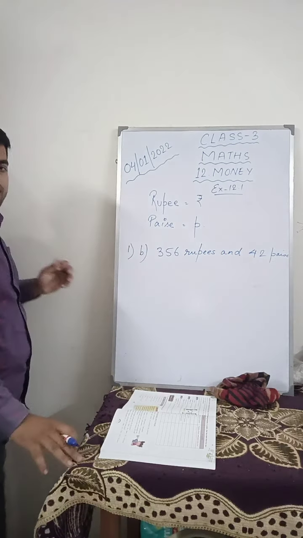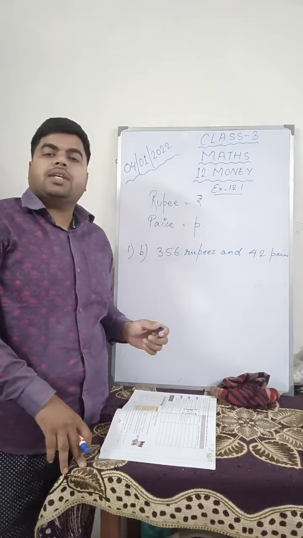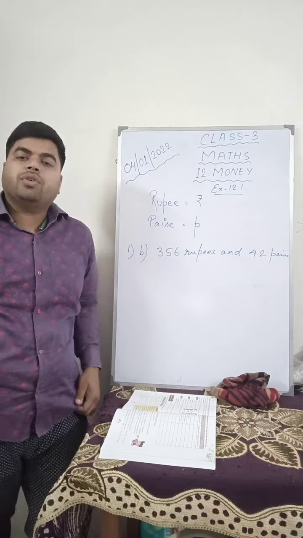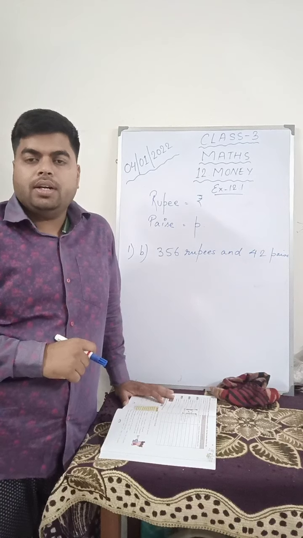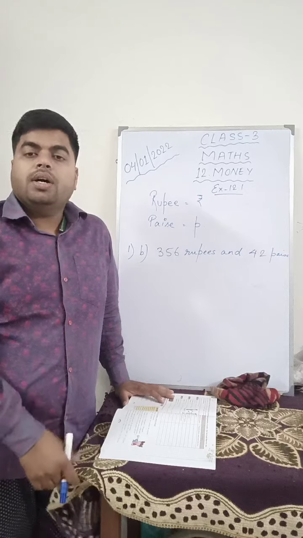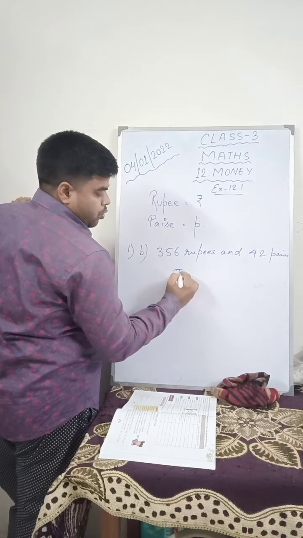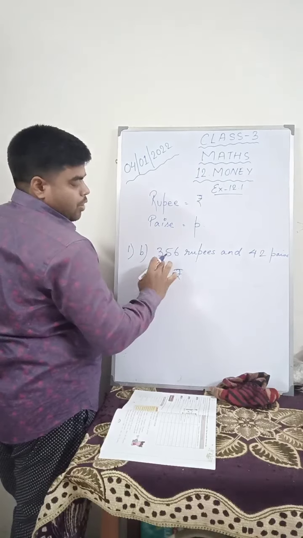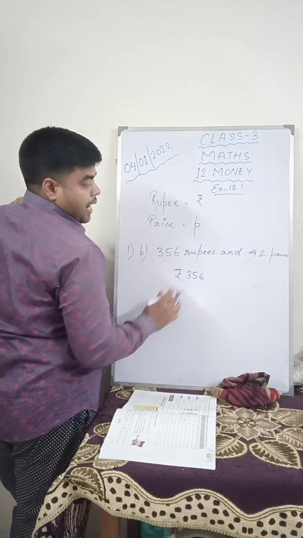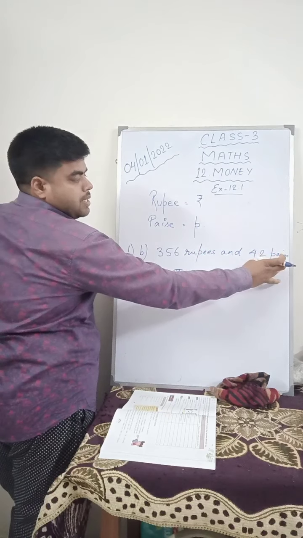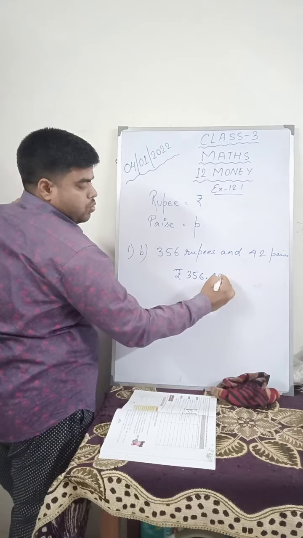Now this 356 rupees and 42 paisa, you have to convert into numerical figures. So the first thing you have to do is use the rupees symbol, and then how much rupees? This is 356, and between rupees and paisa you will put a decimal to separate, and 42.